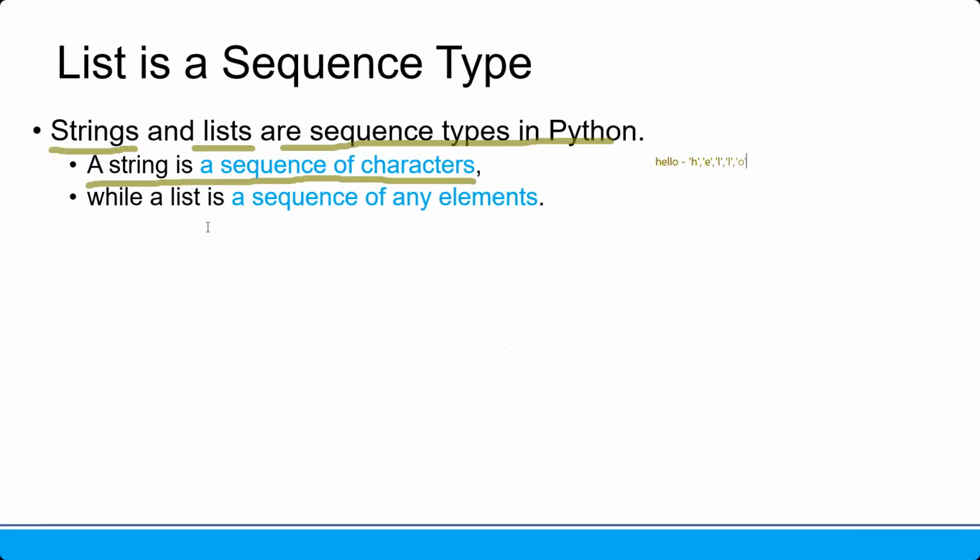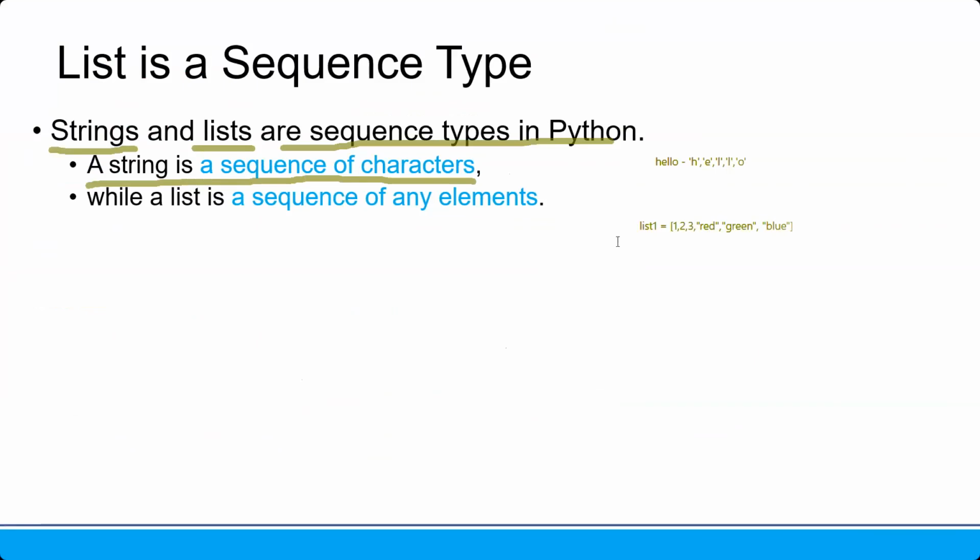And a list is a sequence of any elements. So you can make any elements. For example, this one, any element. It means I want to make 1, 2, and 3, and then red, green, and blue.